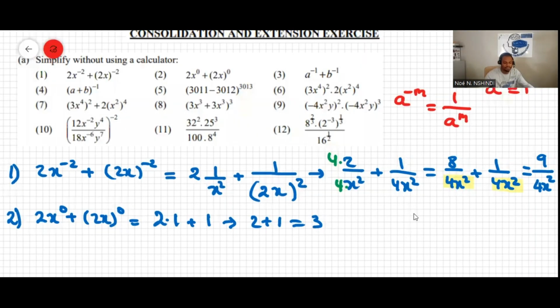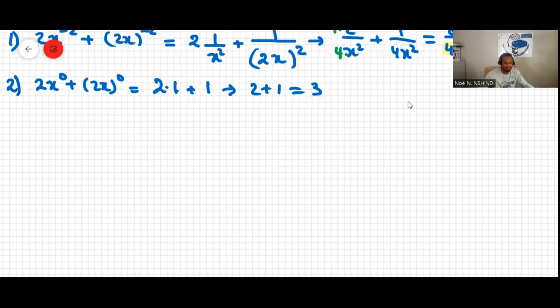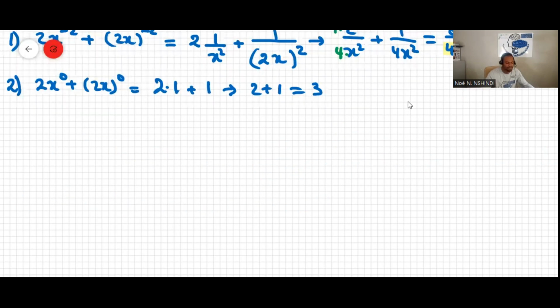Now we can simplify question 3: a to the negative 1 plus b to the negative 1. To simplify this, we need to apply the law of exponents I wrote earlier. So this will be 1 over a to the 1 plus 1 over b to the 1.